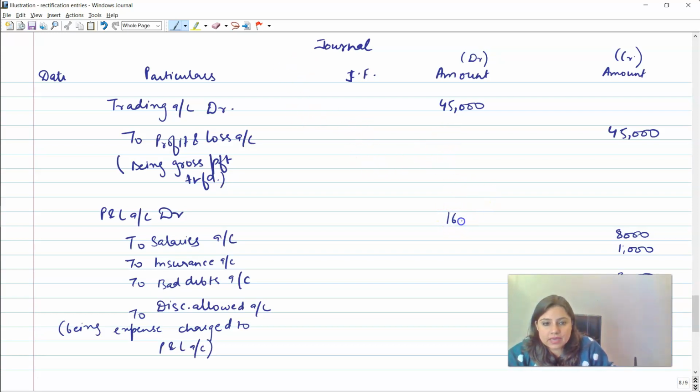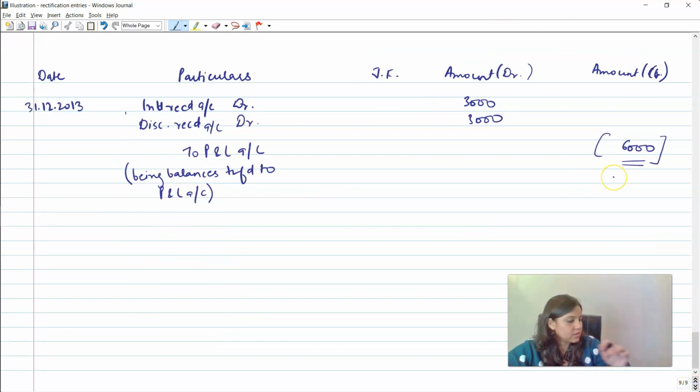So the P&L account would be debited with the expenses, that is 16,000, and also this is the profit that has been transferred from the trading account. So 45,000 plus this income that we have received, 6,000, comes out to be 51,000, minus the expenses. So the profit here comes out to be 35,000, which would be transferred from the profit and loss account to the capital account in the books of X Limited.